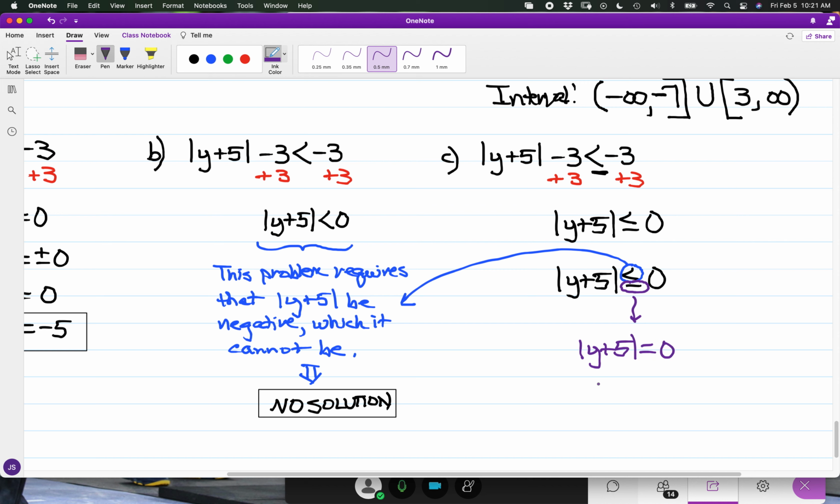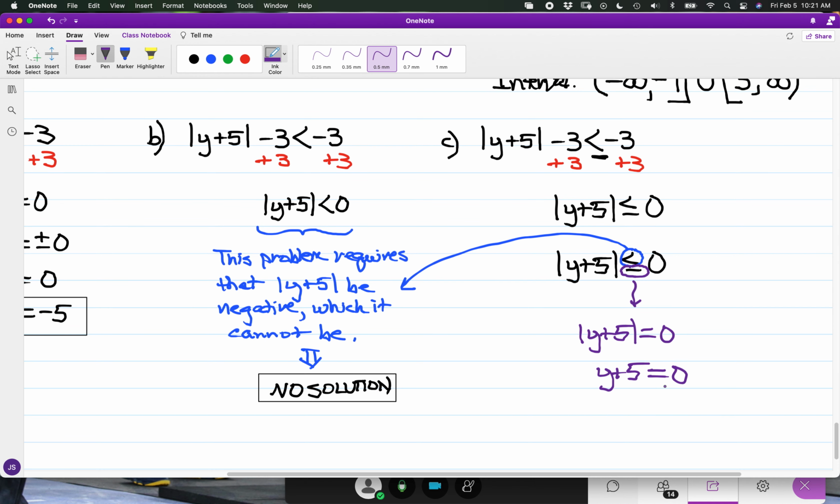And so once I remove the absolute value bars from this portion, we have that y plus 5 is equal to 0, and it is from this that there is a solution that can be eked out.